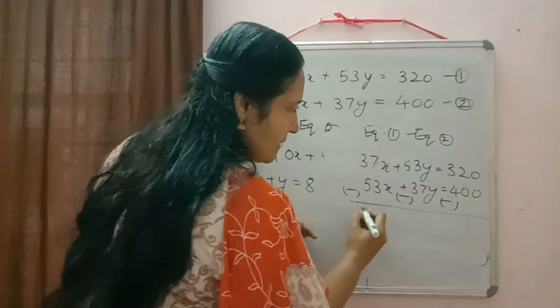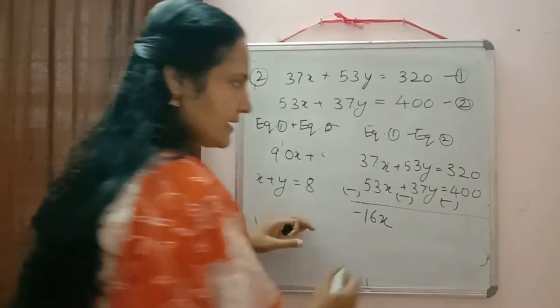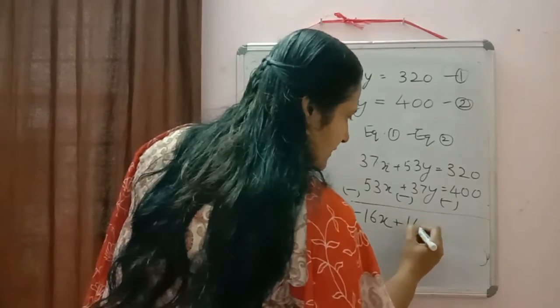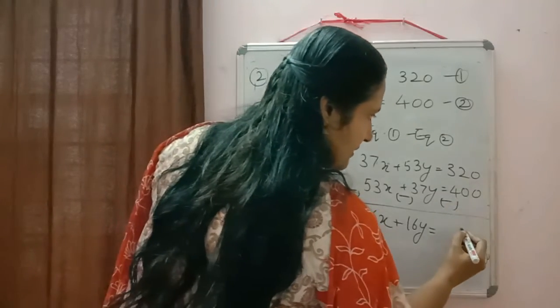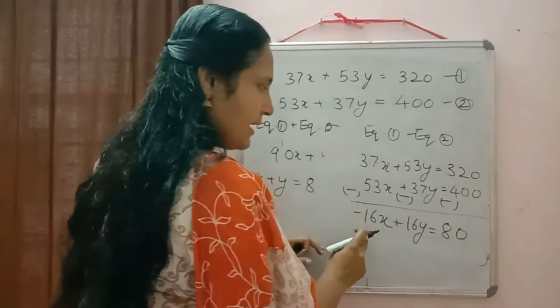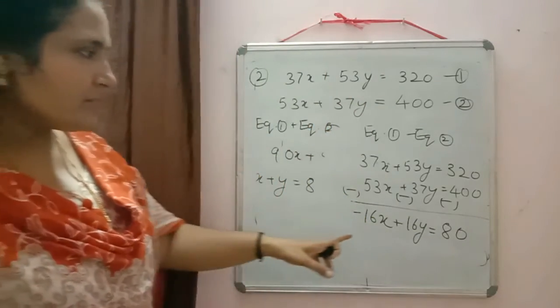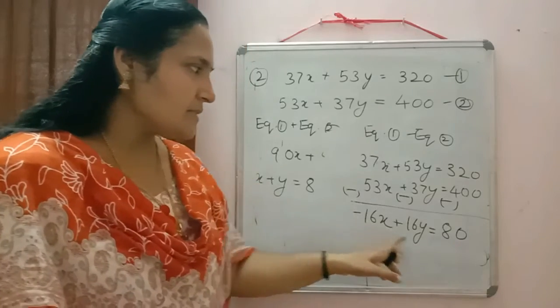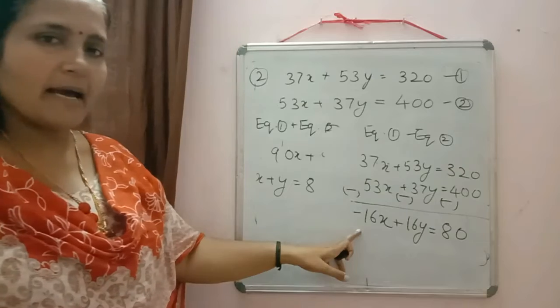So we'll do the subtraction and the sign will be minus. Minus 16x plus 16y is equal to, here we can do 0 and then 10 minus 2, 8. So we are getting minus 16x plus 16y is equal to 80. As you can check here, all the terms are divisible by 16. So we can cancel it by 16.